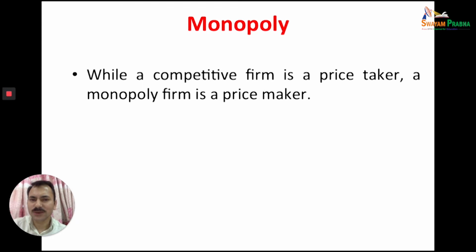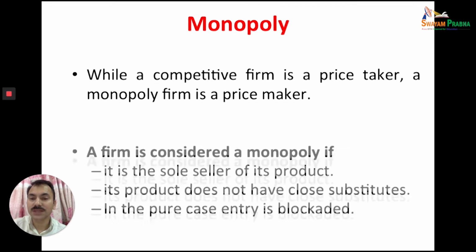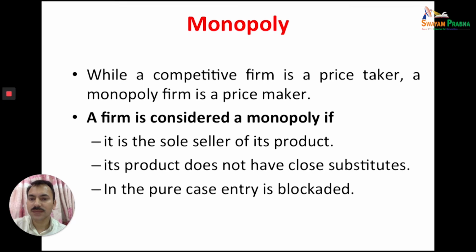You know that in perfect competition, the firm is a price taker, we have already discussed. In a monopoly, the firm is the price maker. A firm is considered a monopoly if it is the sole seller of its product, its product does not have close substitutes, and in the pure case, entry is blocked. No one can enter the market in case of monopoly.